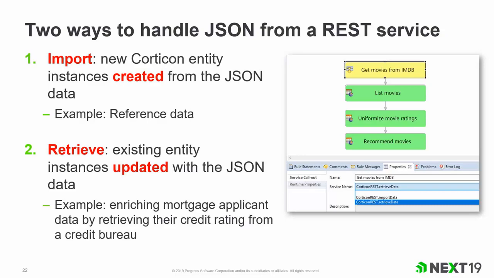So when my mortgage needs to be processed, the unique applicant ID is my identifier, maybe it's my social security number, can be passed into the service. And the service, based on the REST API, will then use my social security number to look up all my details. Okay, so this is what we call retrieve, augmenting the data.